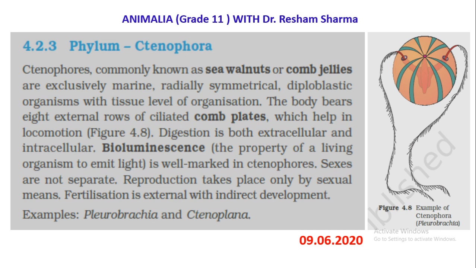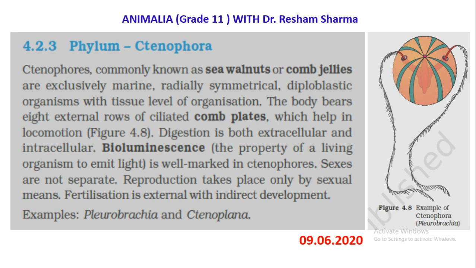Most of them are emitting light in the visible range of blue and green regions. So they emit blue or green lights, and this can be seen in darkness. So it would be very obvious to say that when they are found in deeper parts of the oceans, that is when the bioluminescence can be seen very prominently.